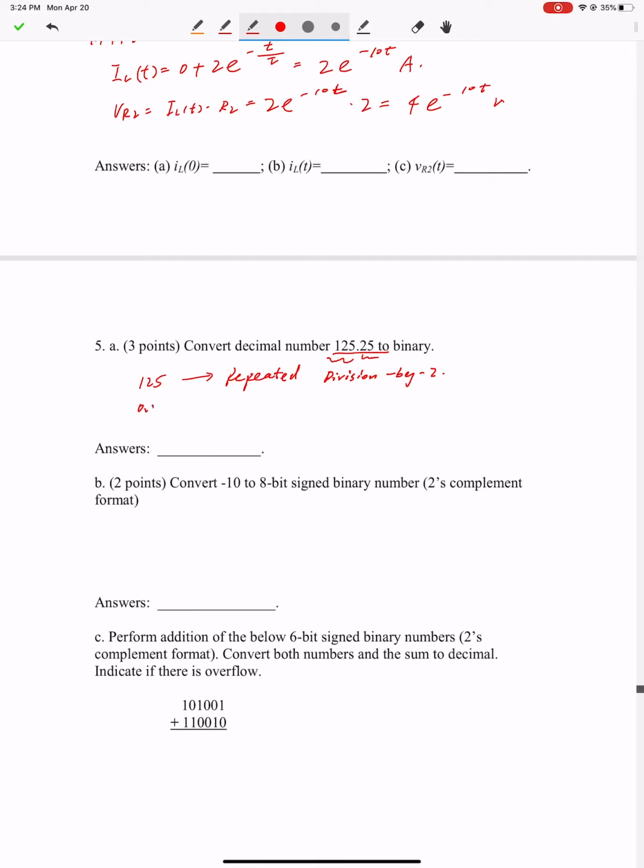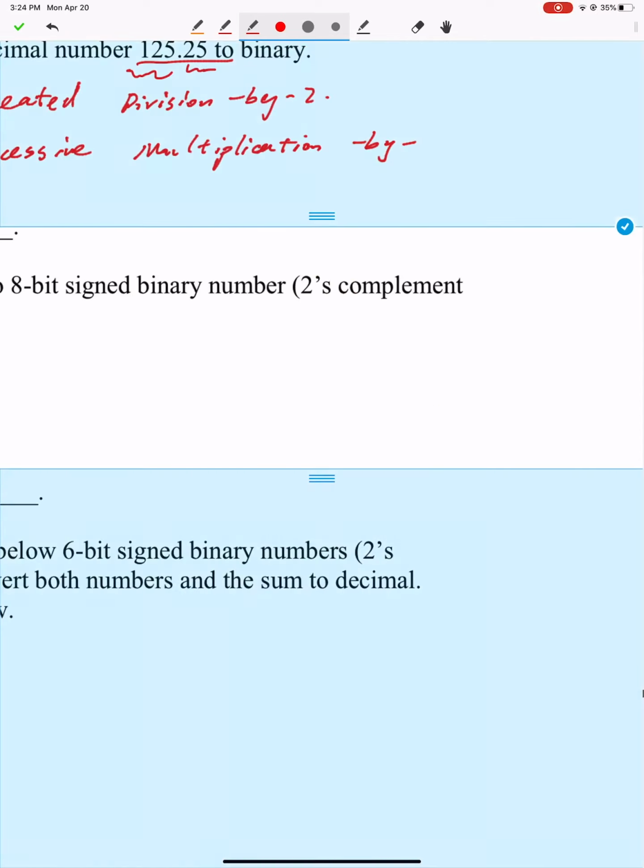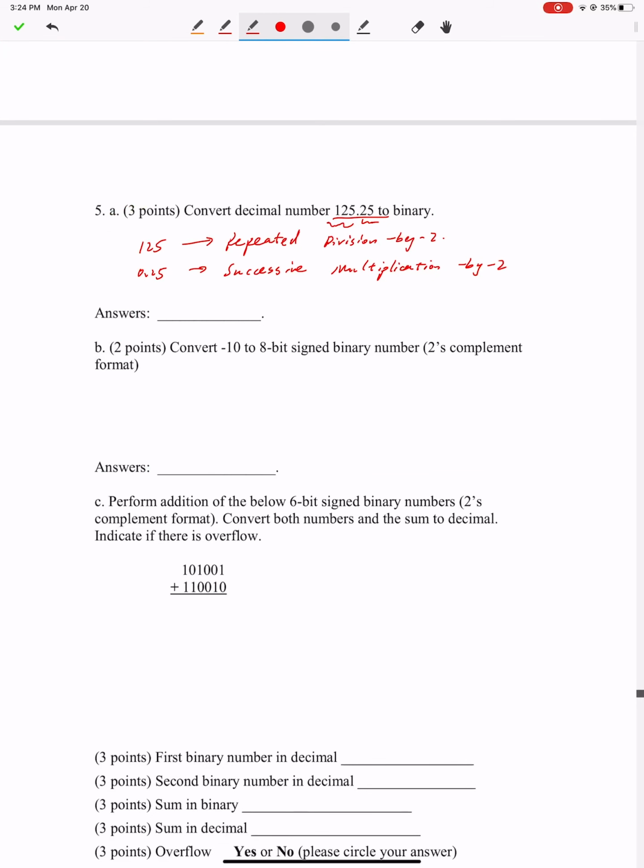And for 0.25, you need to use successive multiplication by 2 to find the binary representation, right? And then you just need to combine them together.